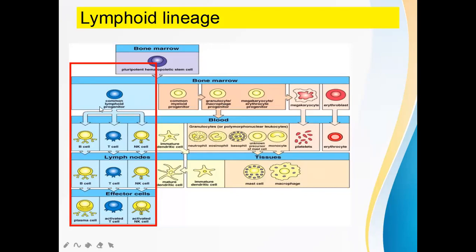Common lymphoid progenitor makes B lymphocytes, T lymphocytes, and the natural killer cells, which further go to the lymph nodes where they keep on the maturation stage, and after they are released, B cells will form plasma cells, T cells in combination with antigens or activation lead to the formation of activated T cells, and natural killer cells will become activated natural killer cells.